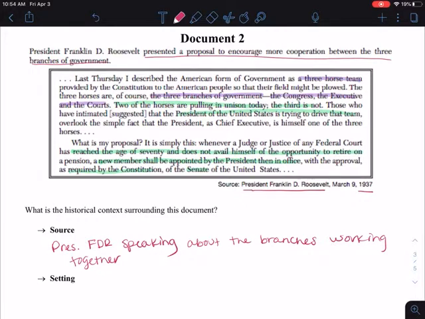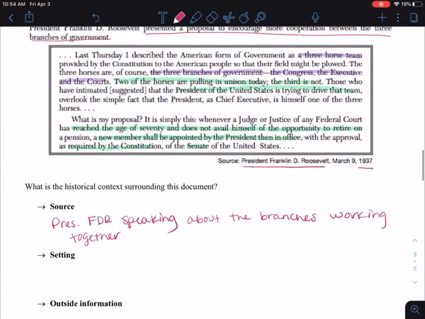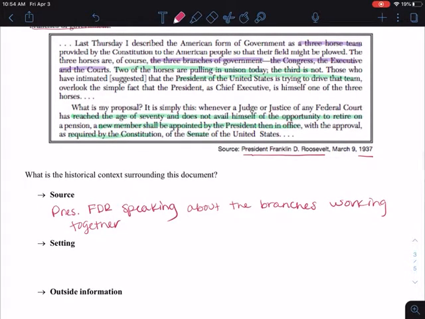Oh my goodness, do we have a lot to unpack here. But first, let's do our setting. So what the heck is he talking about? He's talking about the court packing plan as a part of the New Deal.